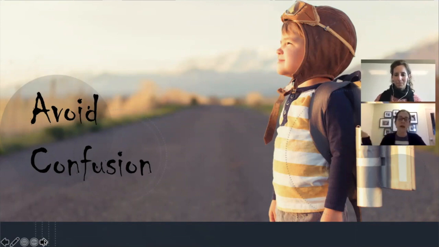And so maybe they have enough knowledge to know that phone starts with the grapheme F. And so they go to the word wall and they look under F, and they're looking and looking, and of course, phone is not there, because the grapheme that phone starts with is a P, and that doesn't necessarily match the sound. So word walls can be confusing for some children, for a lot of children, I think.